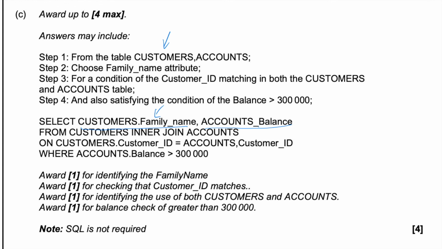I think that's probably a mistake because right here it just says award 1 point for identifying the family name. So I guess there's kind of a discrepancy between what's shown right here and what's shown right here. You just really need to get the family name, but whatever. And here it says SQL is not required. Again, I don't know, that's kind of stupid, but I guess this is an example of not using SQL.